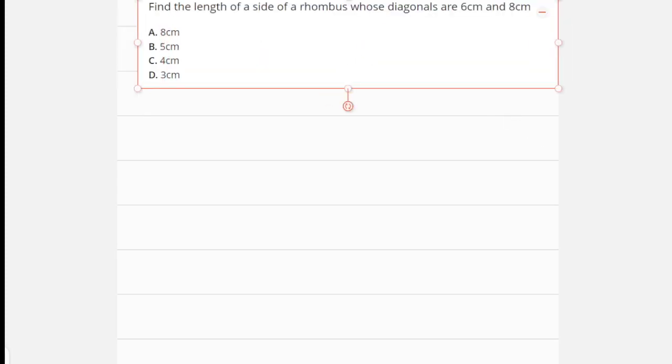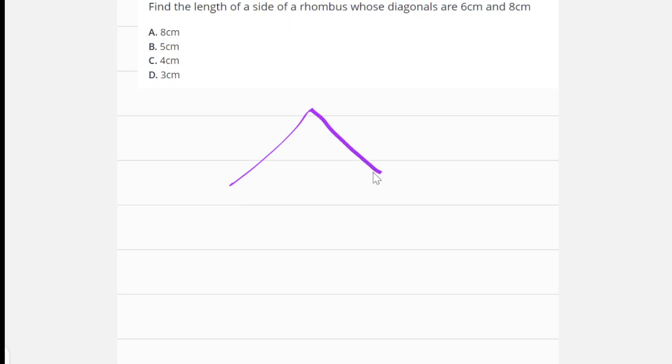So I have that we have to find the length of side of rhombus. Don't forget this is your rhombus, right? And you have something of this nature. You have two perpendicular diagonals.